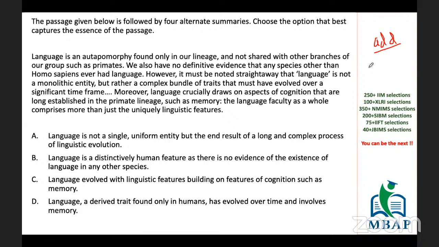Second, anything which is giving you wrong or contradictory information, it means something else is given in the passage but your option is saying something different from the fact given in the passage. These are certain things you need to keep in mind while selecting your option.